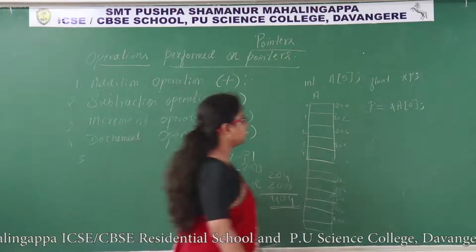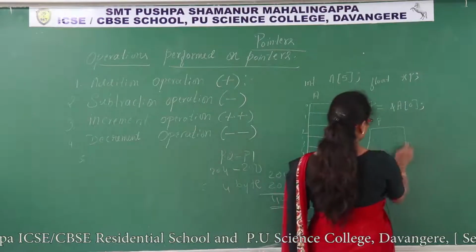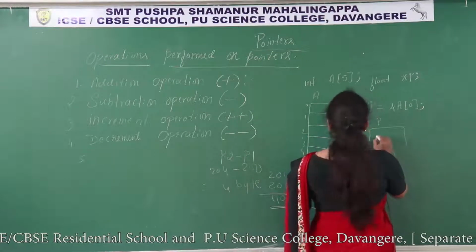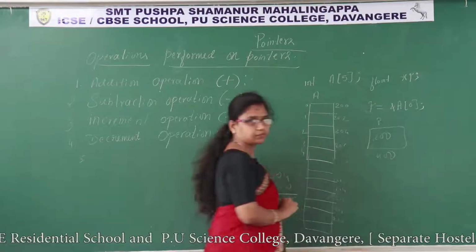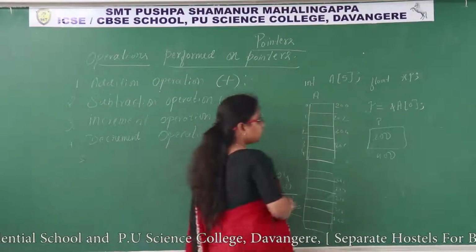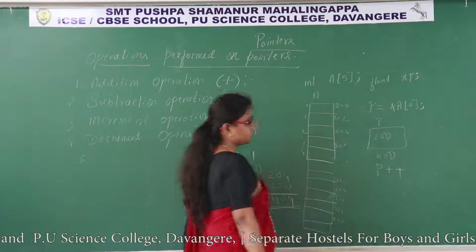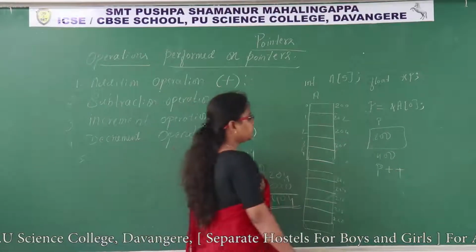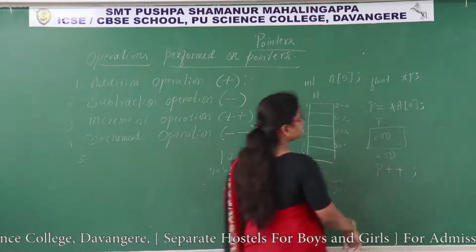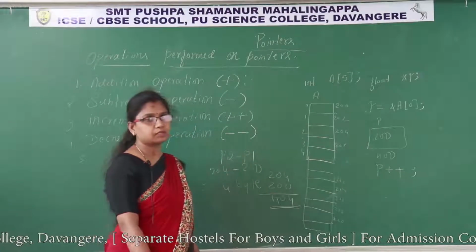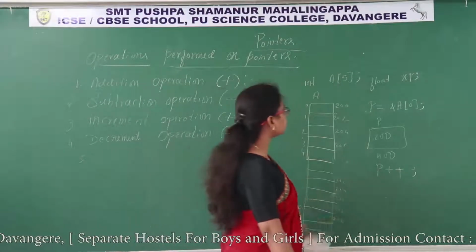What is there in the P? I'll consider P, 400 is the address, so 200 will be stored in P. Now, if I increment P plus plus, P is a pointer to the array. If I increment this pointer, what type of pointer is it? Floating type pointer. Through this pointer, I am going to display the content.